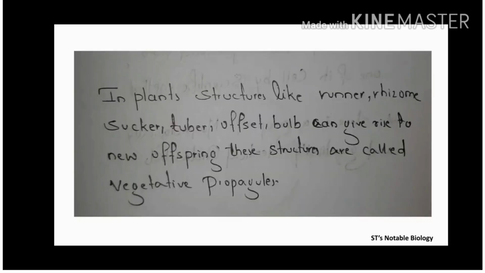But in complex plants, these are the structures: runner, rhizome, sucker, tuber, offset, bulb. These structures can give rise to new offspring, and we call them vegetative propagules. Let's see in detail what these structures are.